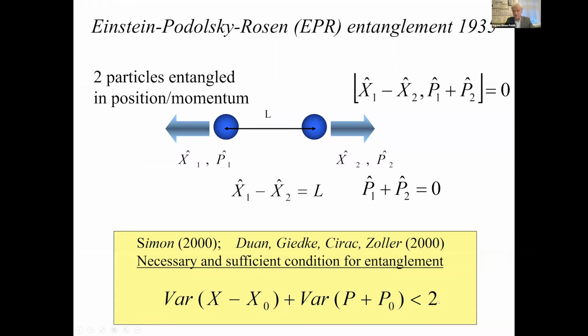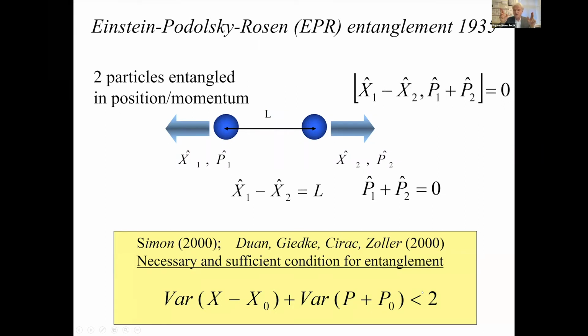And where does this 2 come from? It comes from the fact that I've introduced the variables with the commutation relation equal to i, which means that in the minimal uncertainty state, for two objects which are independent of each other, you can break this variance into variance of x plus variance of x naught plus variance of p plus variance of p naught, and each of them will be equal to 1/2 for the minimal uncertainty state, and then the sum will be 2.